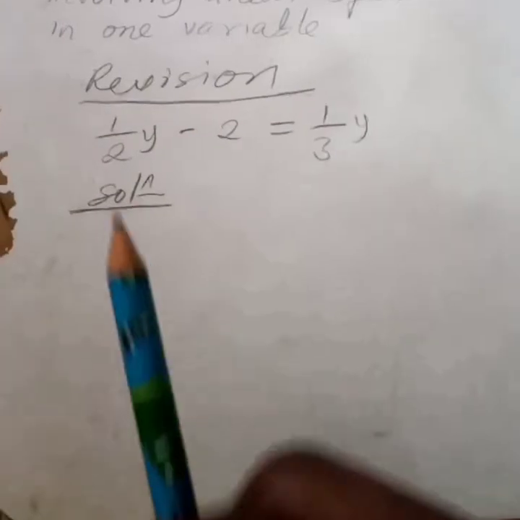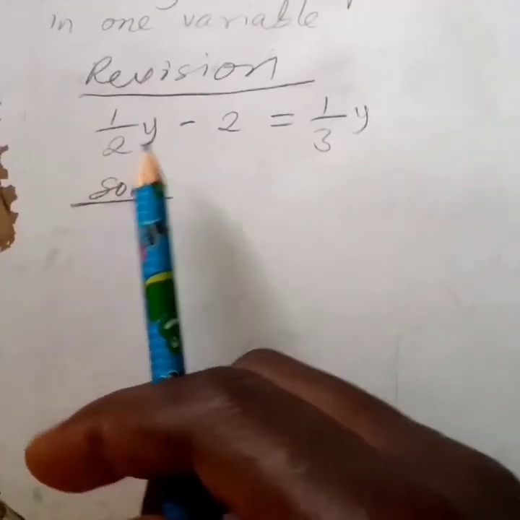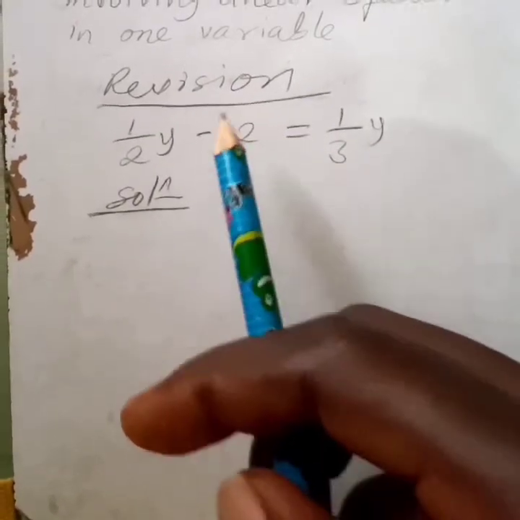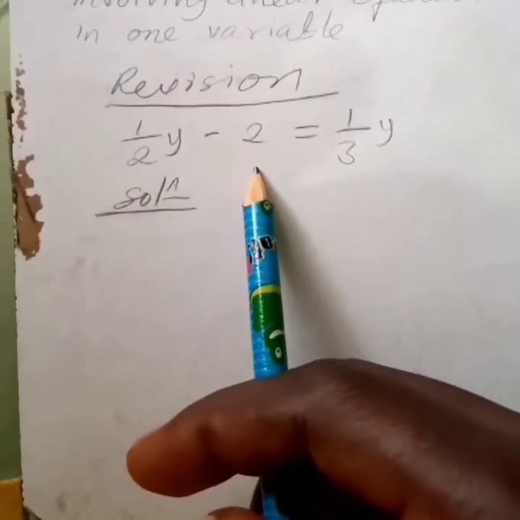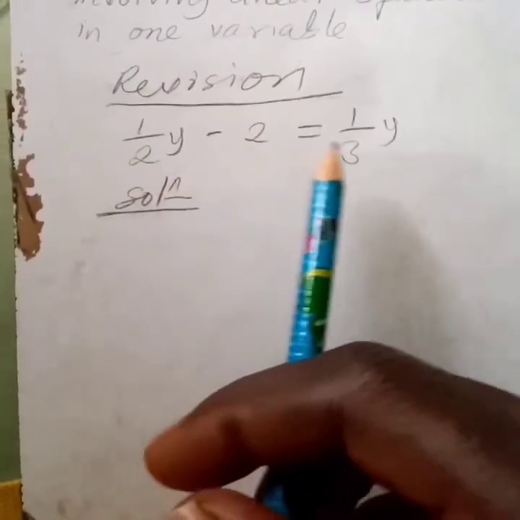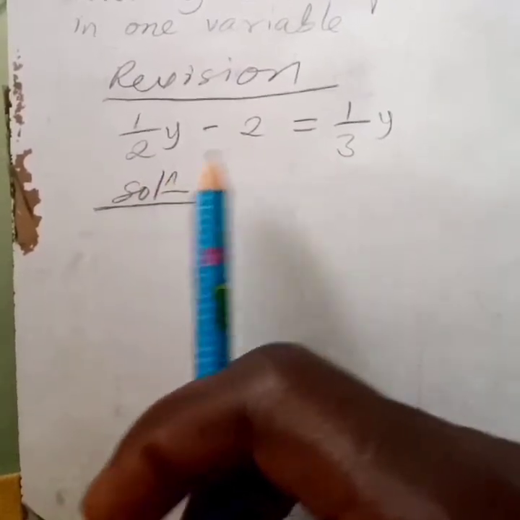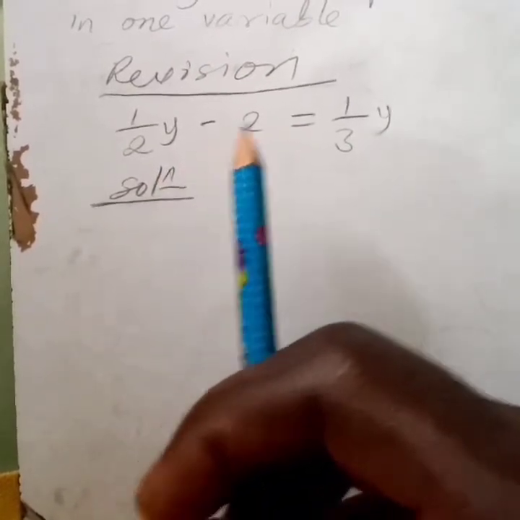Looking at this question, we have 2, we have 3 here, and if you want to write this 2 in the fractional form, it will be 2 over 1. Therefore, the LCM would be the multiplication of the denominators, and that is 6.